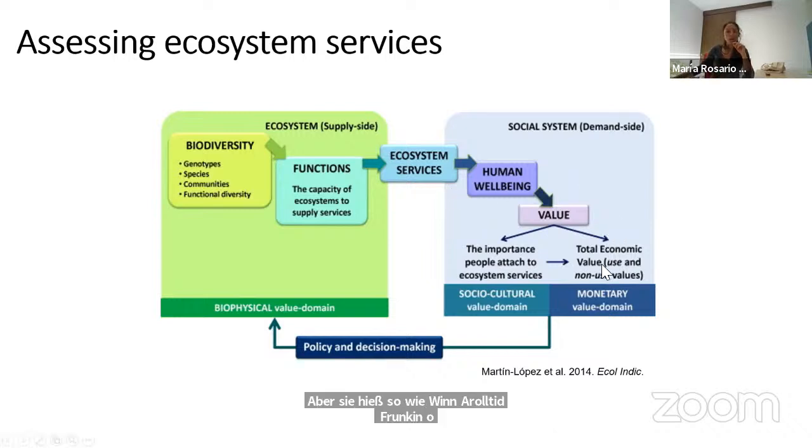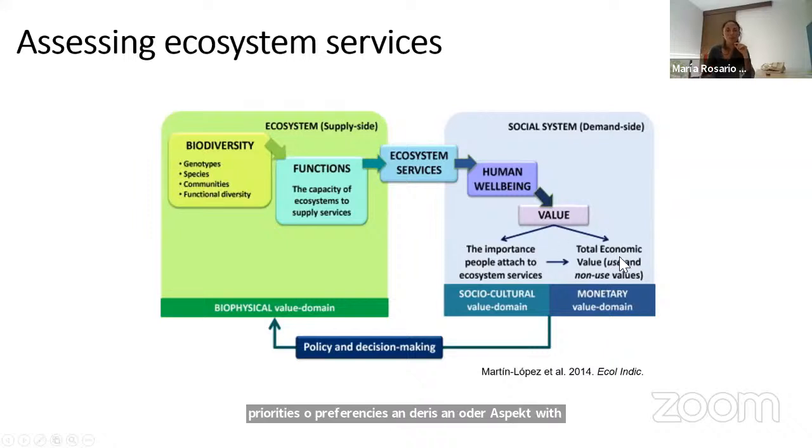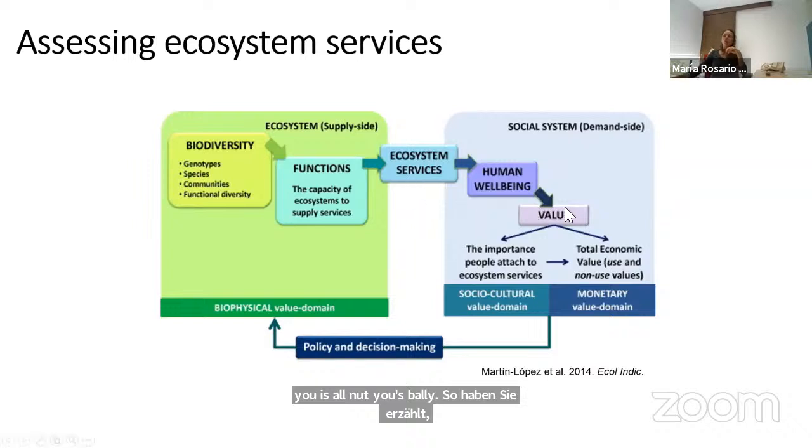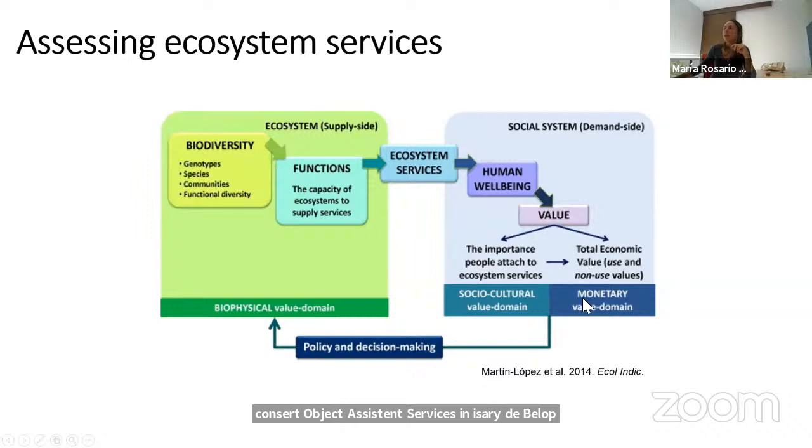There is another aspect to it, which is the monetary valuation, the total economic value of use or non-use value. I have to say that the concept of ecosystem services was initially developed by environmental and ecological economists, based on the idea of highlighting how economically important it is to protect nature.